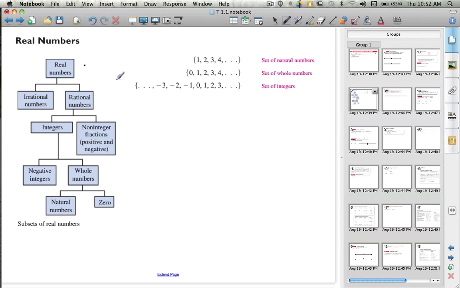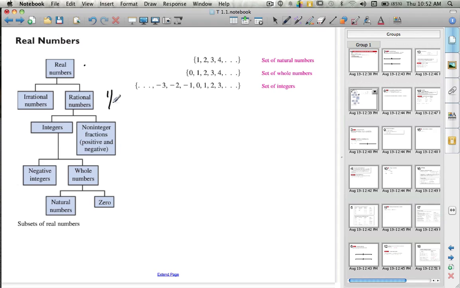So when you think about real numbers, they have a number of different subsets. Generically, real numbers can initially be split into irrational numbers and rational numbers. Irrational numbers are numbers that cannot be represented as a ratio between two other numbers, whereas rational numbers can be represented as a ratio.